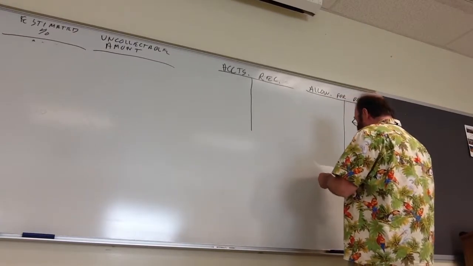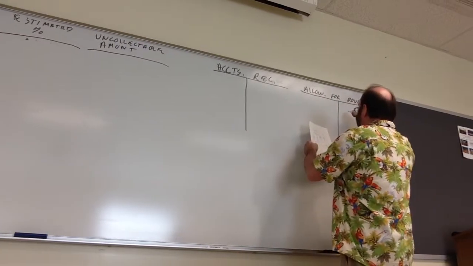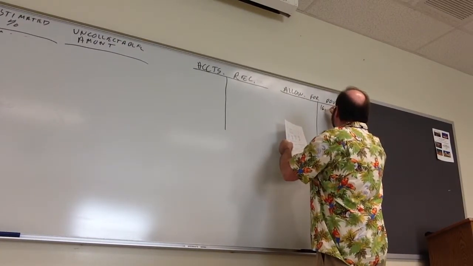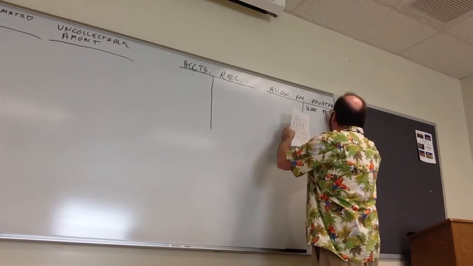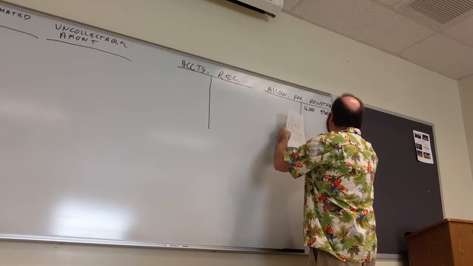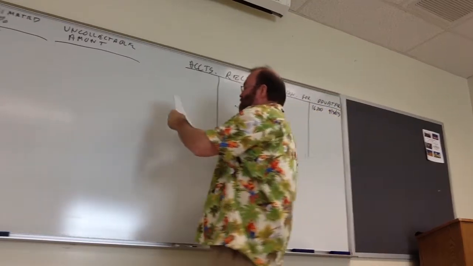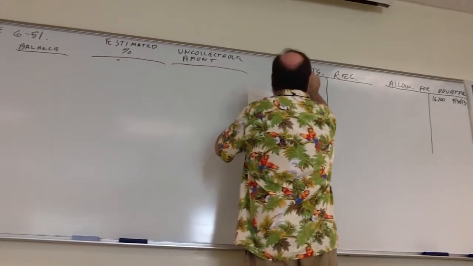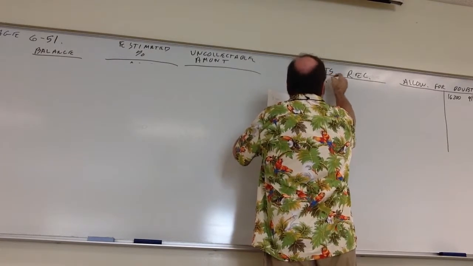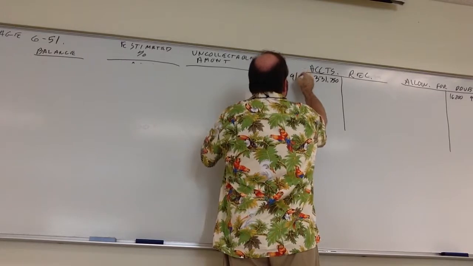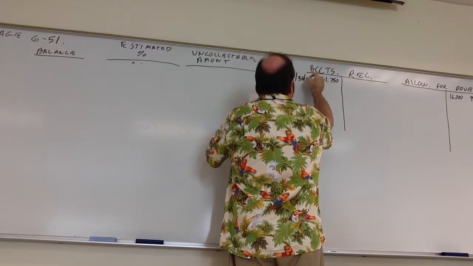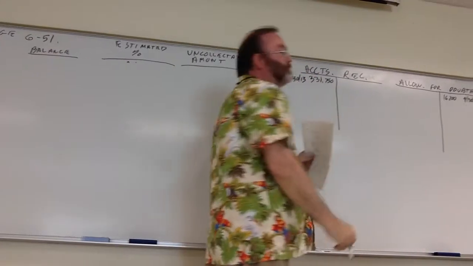So at the end of last year, you had $16,700 credit balance on 9/30/13, and then you had a balance of $331,750 in accounts receivable on that same date. All right?